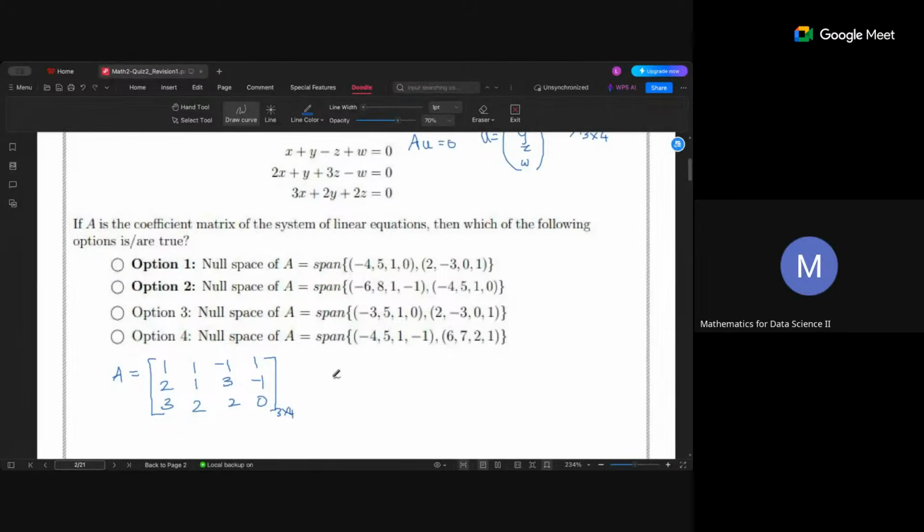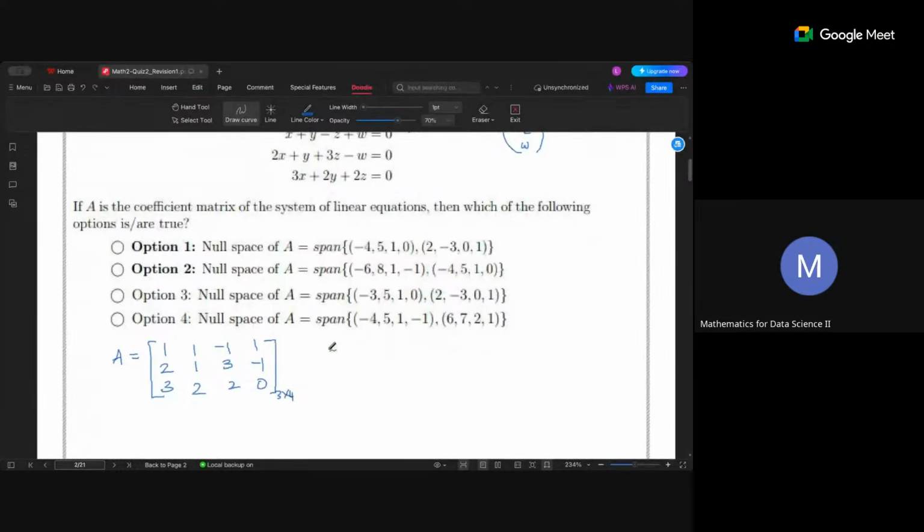To find the RREF, you need to follow certain steps. I'm going to straight away write the RREF because we don't have sufficient time to do all the steps. So the RREF form of this matrix is 1, 0, 4, -2; 0, 1, -5, 3; 0, 0, 0, 0. Now where are the pivot elements?